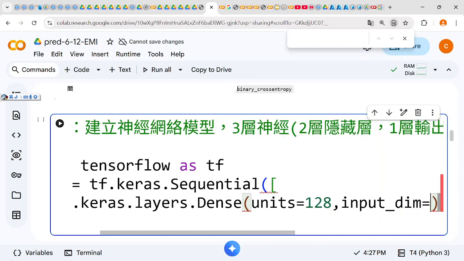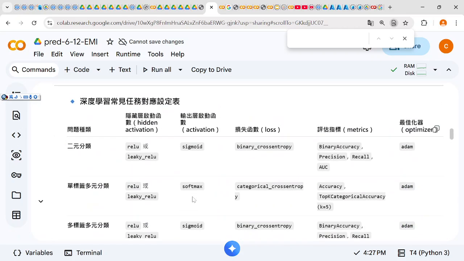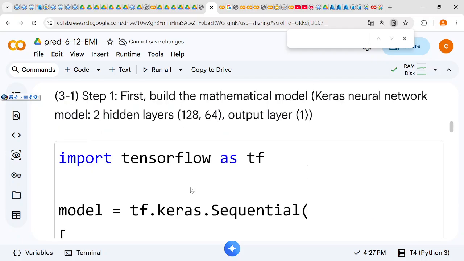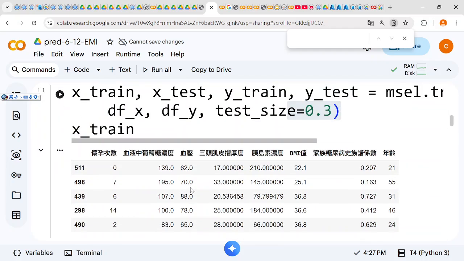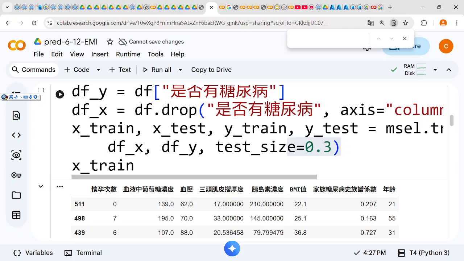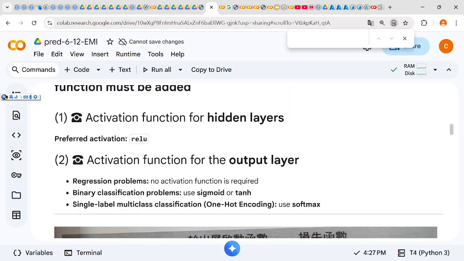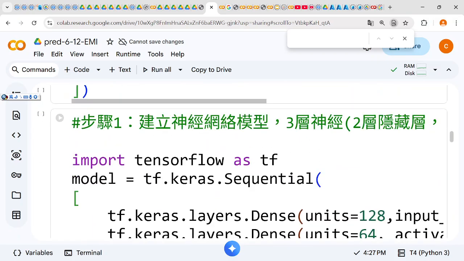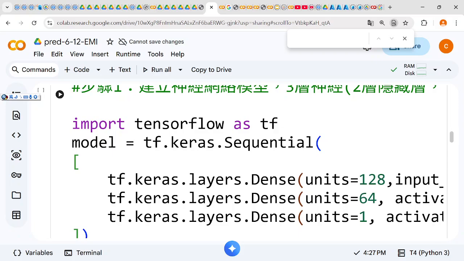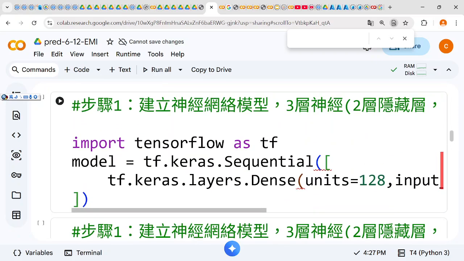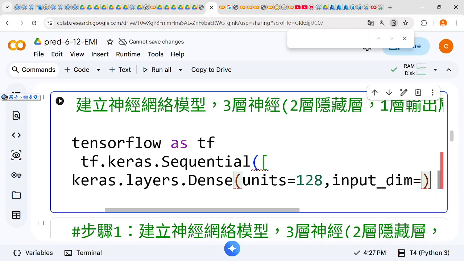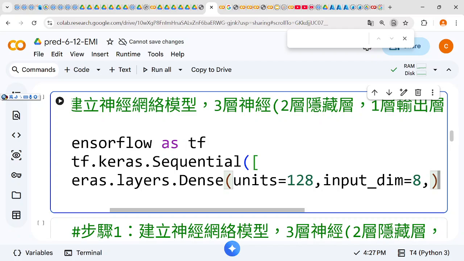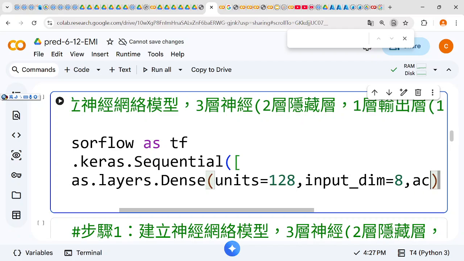That is how many dimensions I have. Okay, here is my 1 2 3 4 5 6 7 8. I have 8 columns. So inside here the input dimension is 8. And I also use the activation.